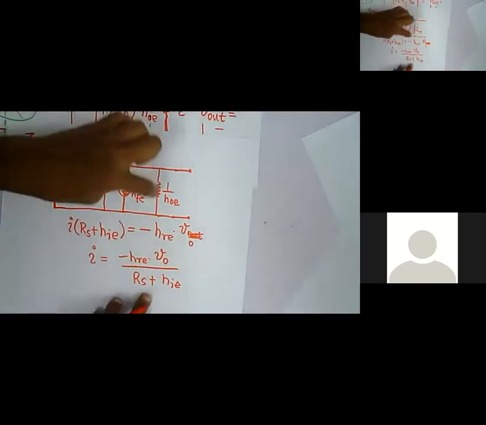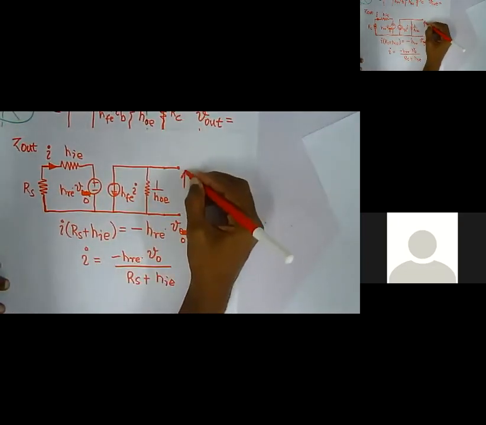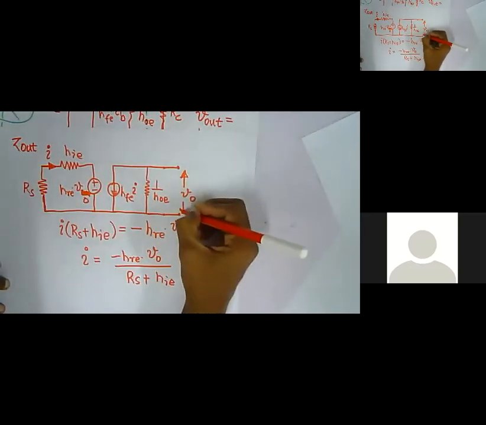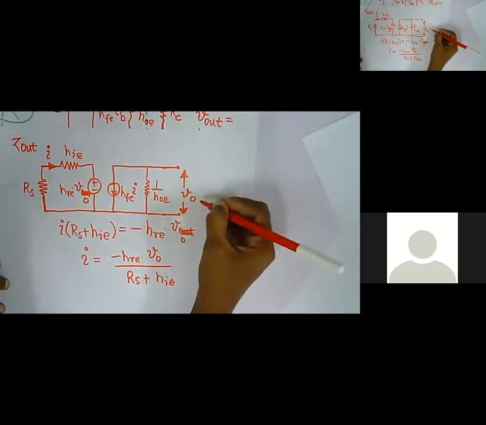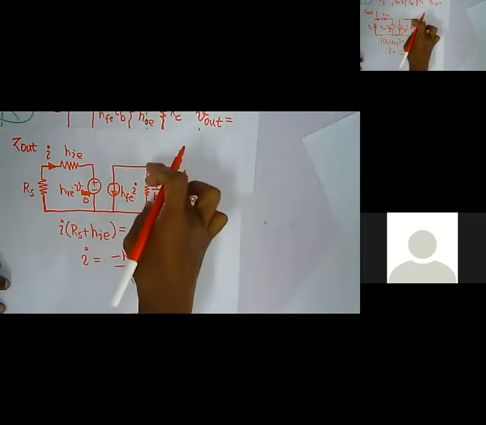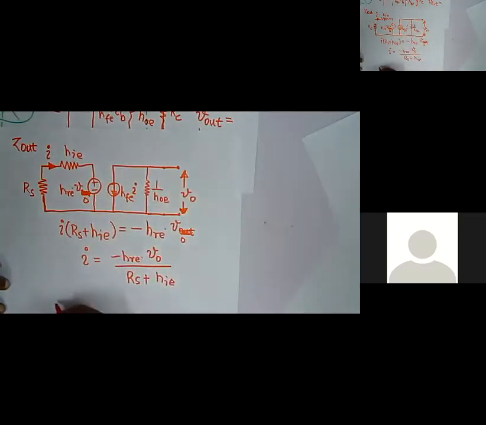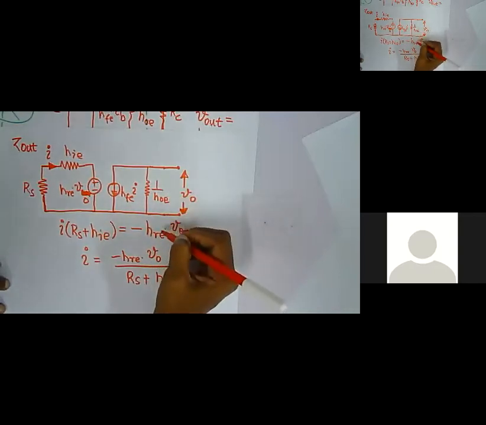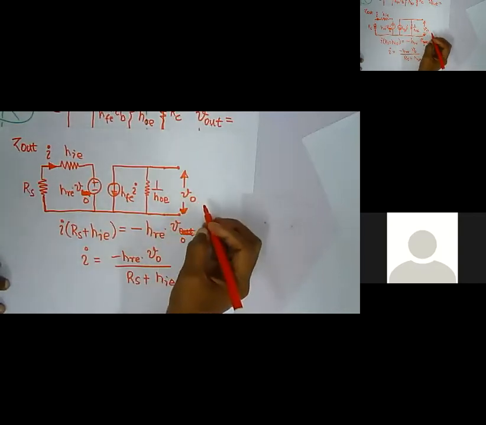And now apply the same in the output loop. If the voltage across this is VO, then the current through this branch is VO divided by 1 over HOE, which becomes HOE into VO.